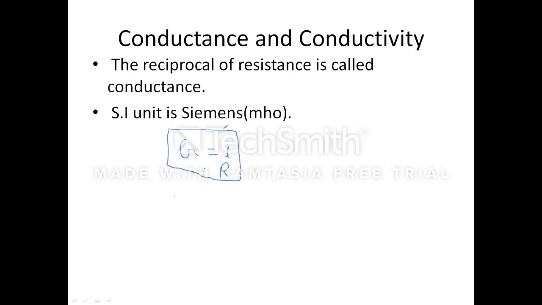Now conductivity is defined as 1 upon resistivity, basically the current carrying capability, and the formula is given by sigma equal to 1 upon rho, where rho denotes resistivity and sigma denotes conductivity.